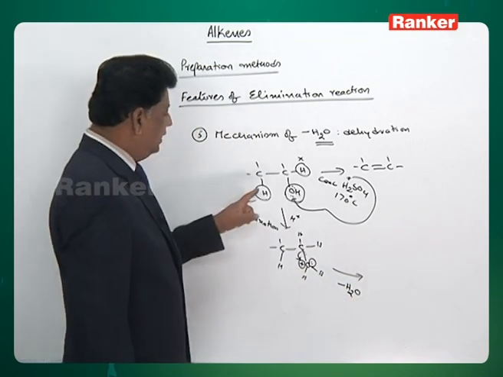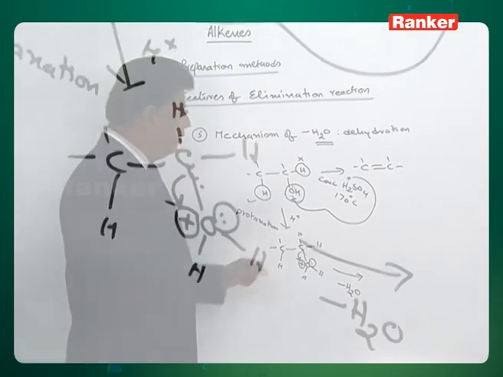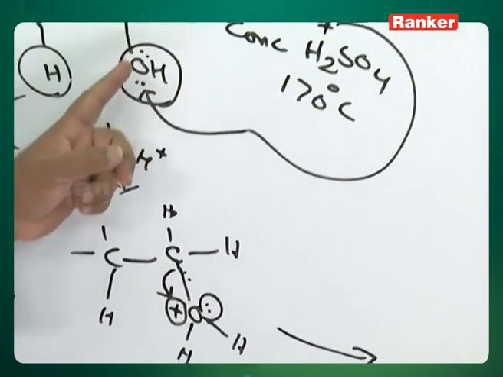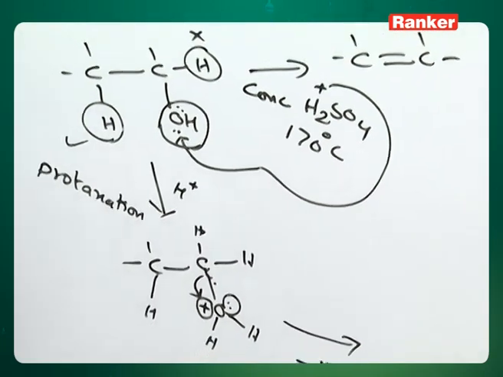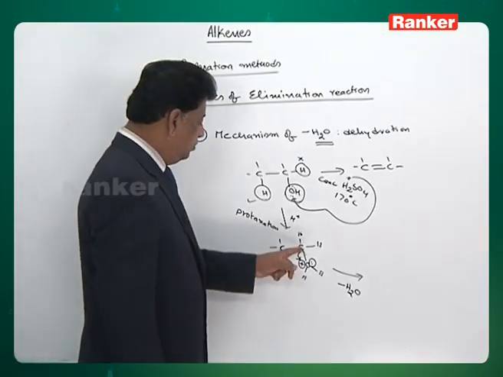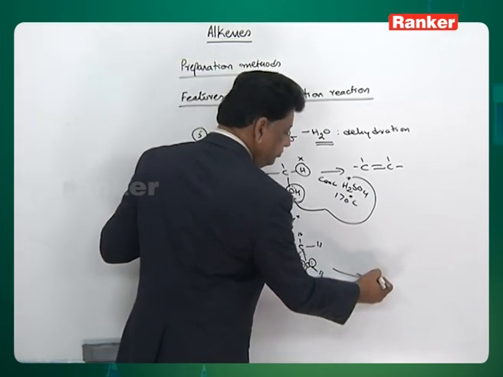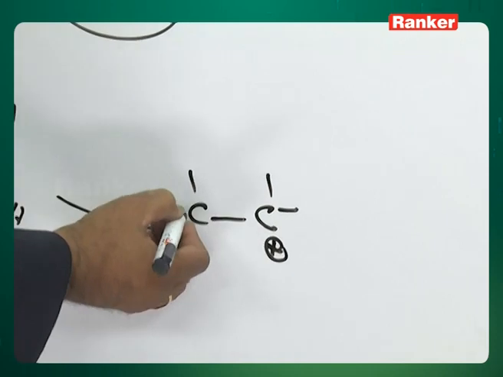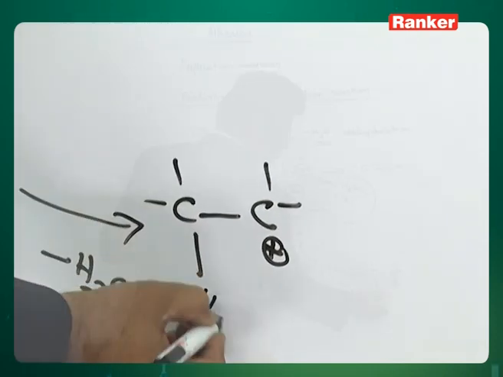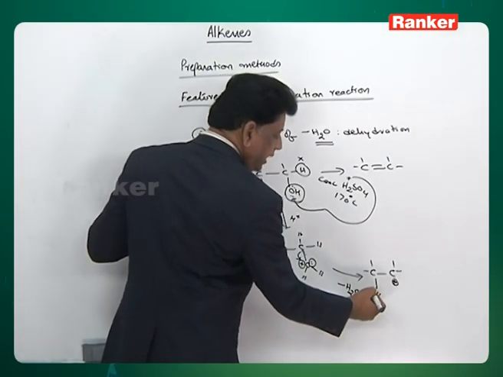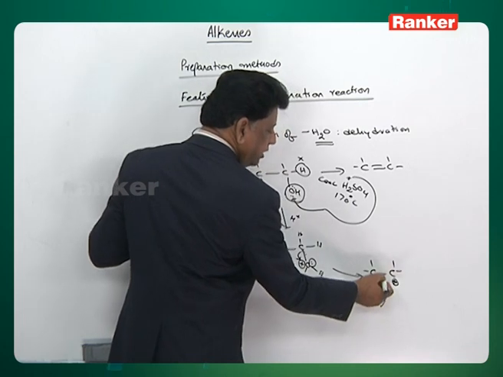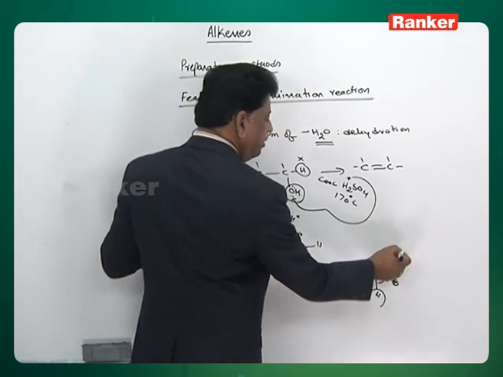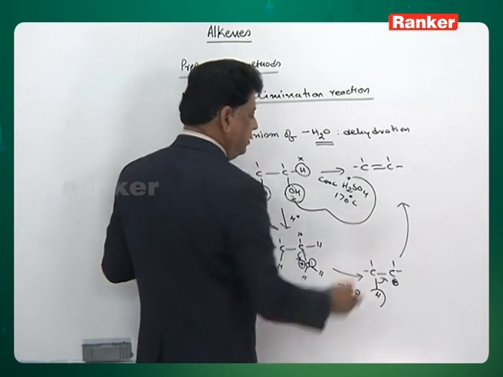That means it is not HOH going directly, but the proton of the sulfuric acid and the OH are gone as water. So, water is removed. This alpha carbon will now become a carbocation. The rest will be almost the same now. When the beta hydrogen is lost, the 2 electrons will come here and make a double bond. Therefore, an alkene is formed.